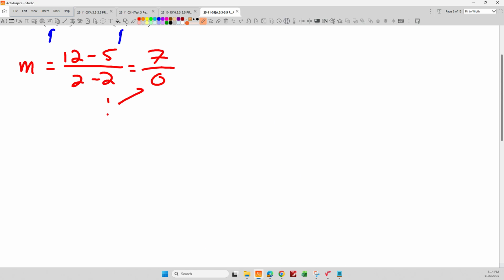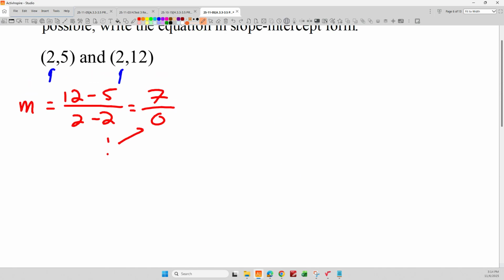So we know that this one has to be an x equals a number equation. What's the number going to be? What does x always equal for every point? 2. You got it. x equals 2.